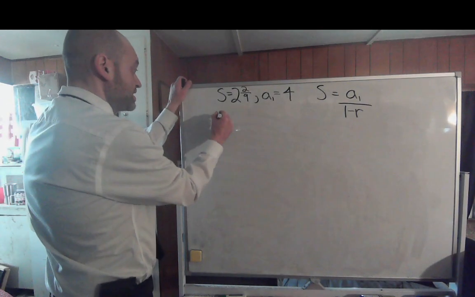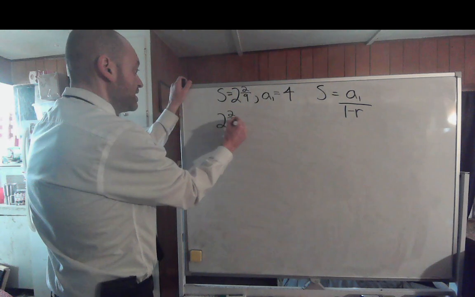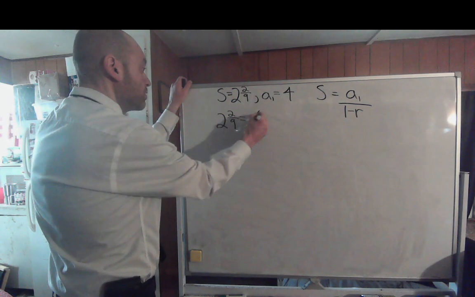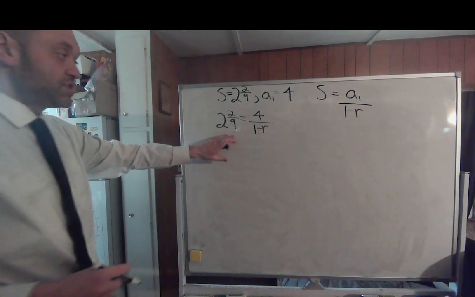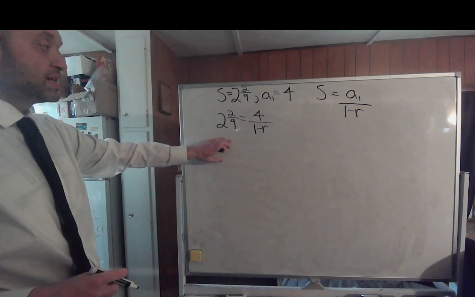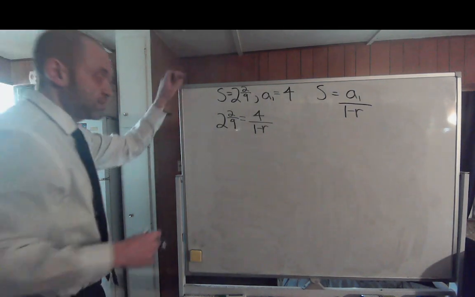So we'll set that 2 2/9 equal to that 4 over 1 minus r. Well, let's convert this mixed number into an improper fraction.